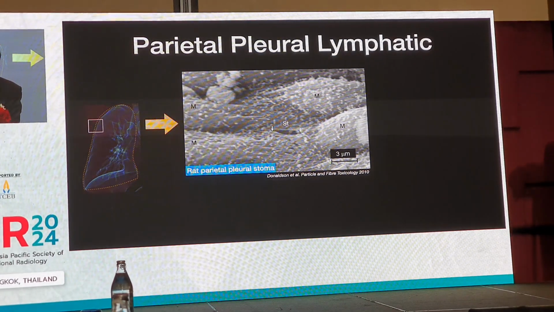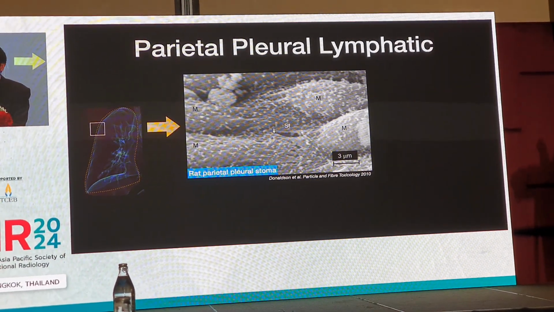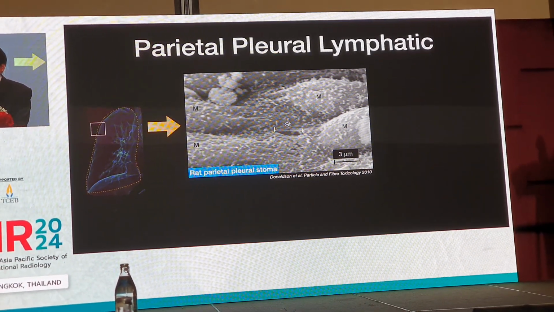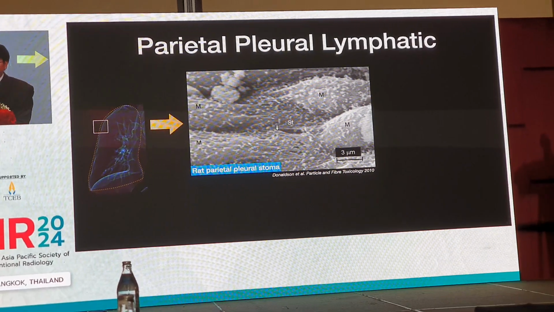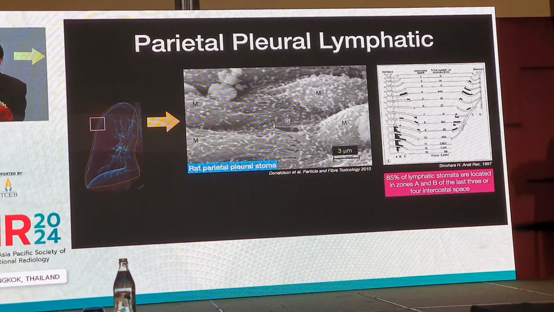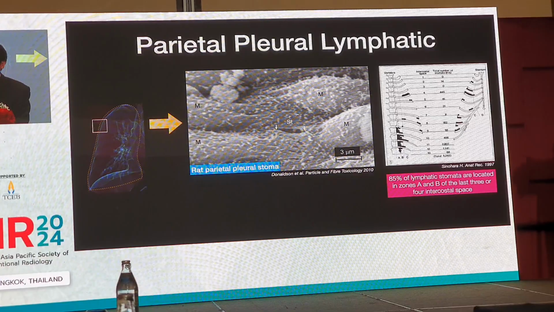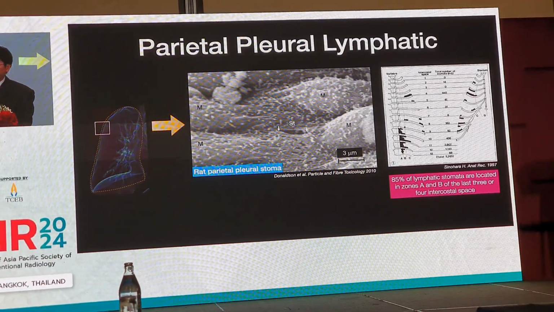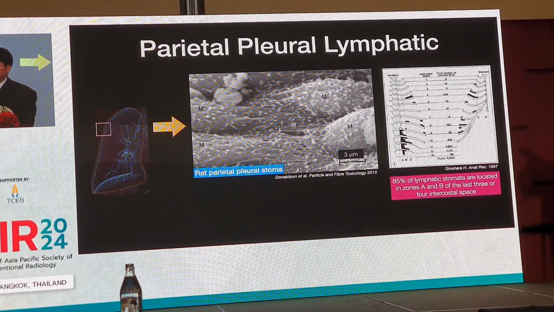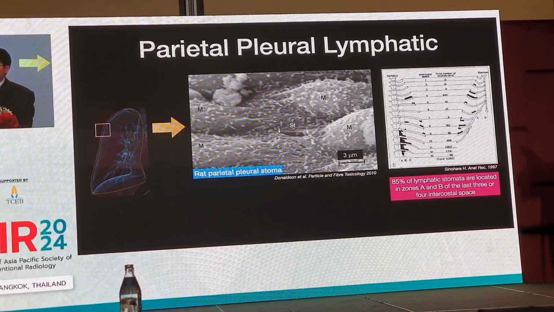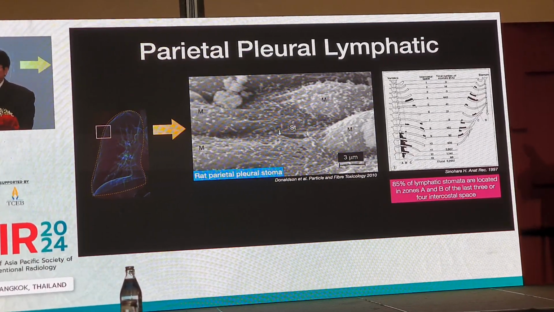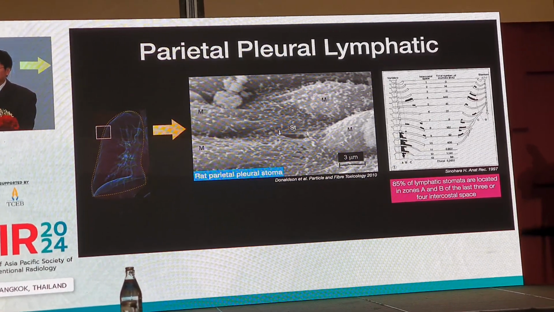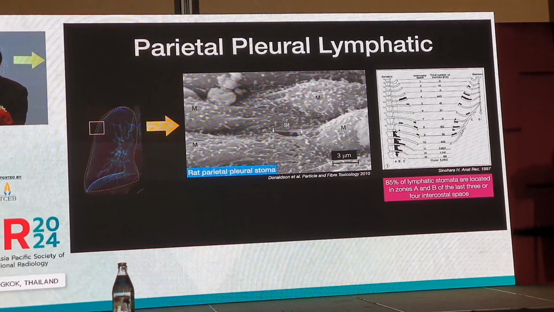It will go through the small holes or small openings of lymphatic channels at the parietal pleura. That's called the pleural stomata, which are distributed along the black dots here. Actually, this area is similar to the area of the pleural plaque that you see in patients with asbestos-related pleural disease.